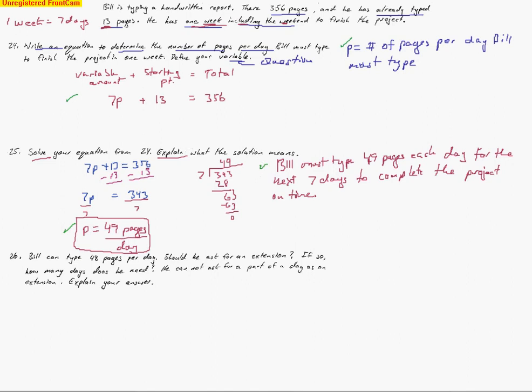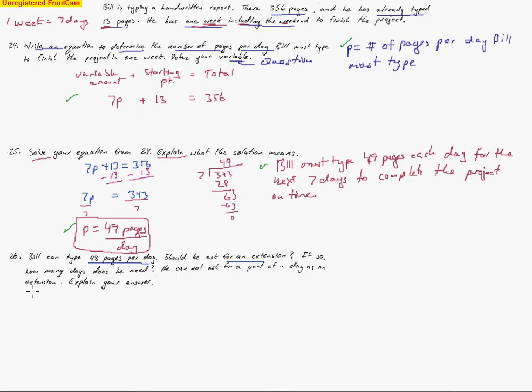Let's move on to the next part. It says Bill can type 48 pages per day. So that's what he can do. If he can do 48 pages per day, not the 49, but only 48, should he ask for an extension? Well, if he needs to be able to type 49 pages, he can only type 48. He can't do it.